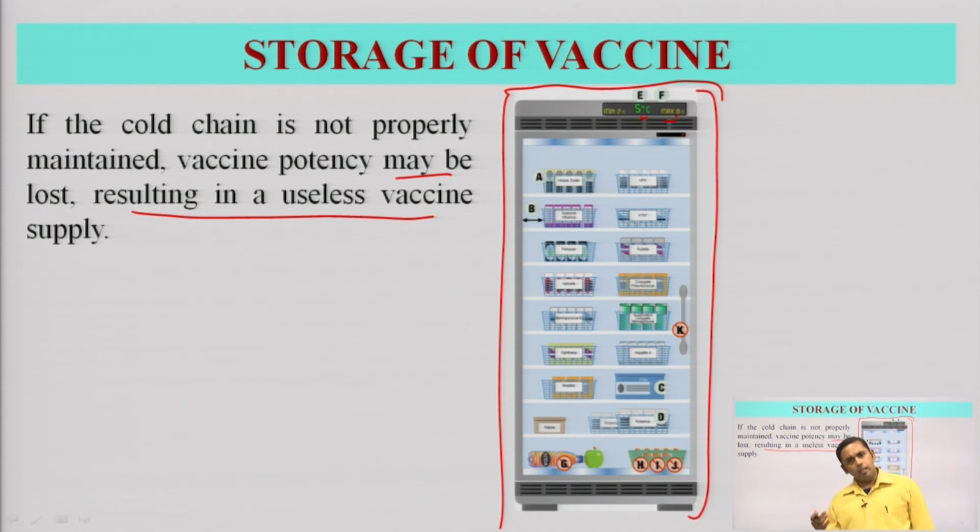In countries like India, our temperature is so high, and it is very difficult to maintain proper air conditioning and storage cooling capacity. That is why it is a big challenge.